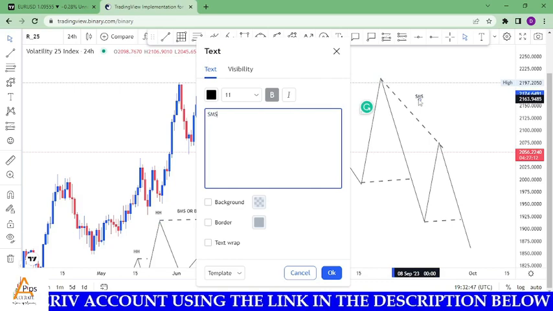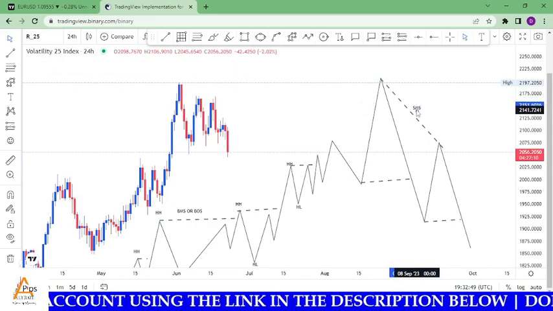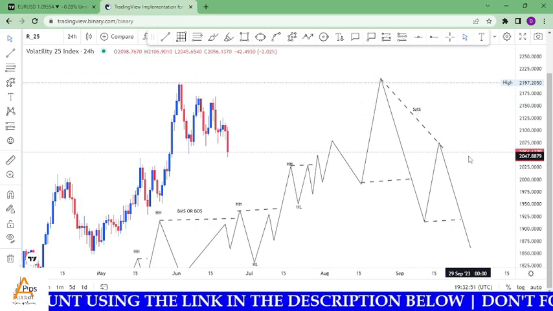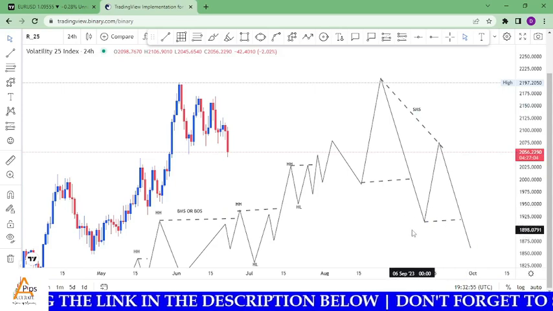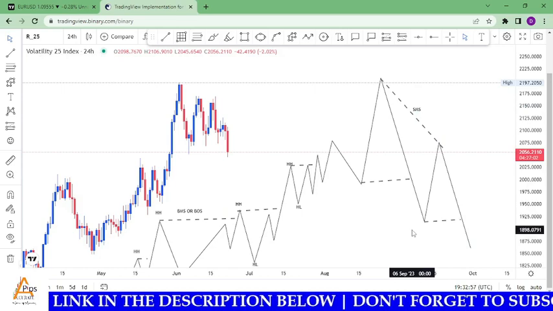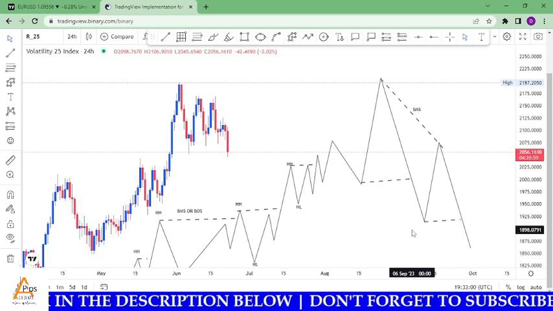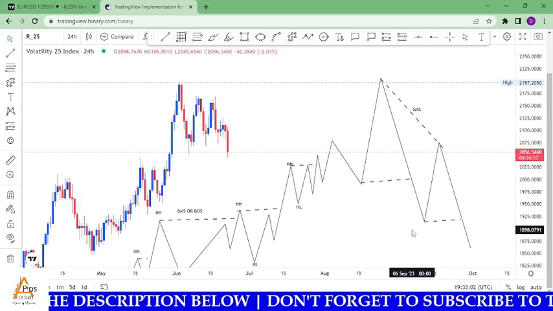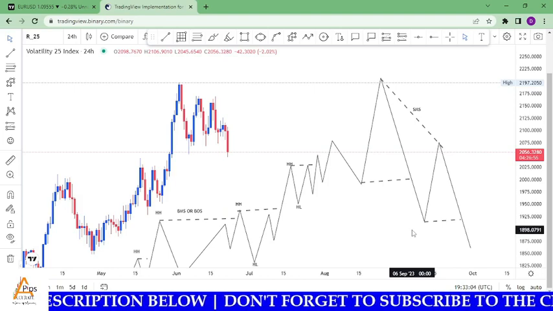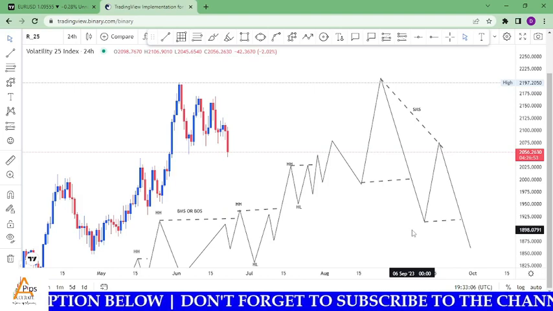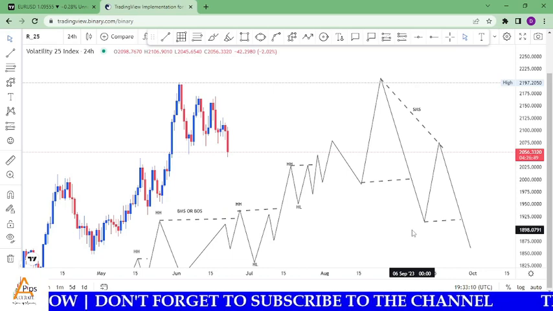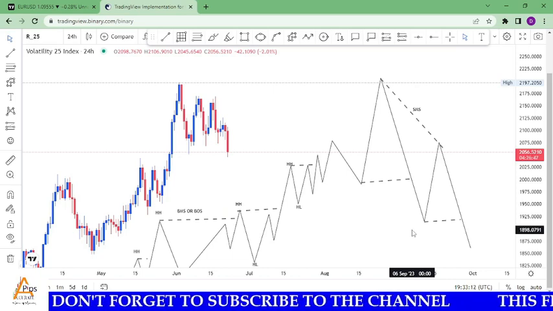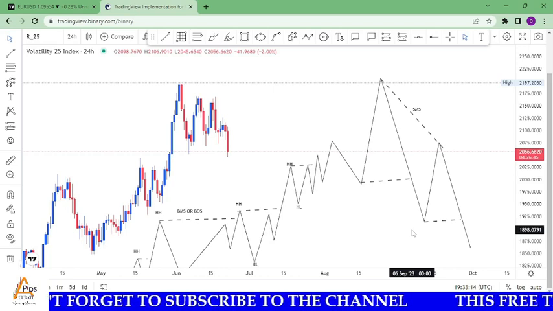It means market structure is shifting from bullish to bearish. The creation of two lows then confirms that yes, we are moving from an uptrend to a downtrend. So that's one thing you need to understand.